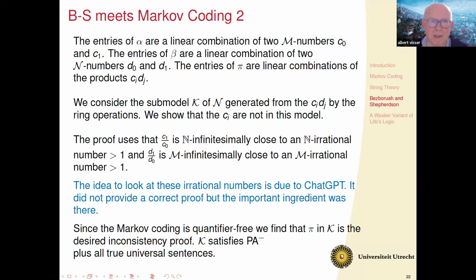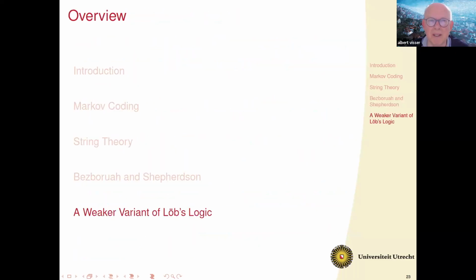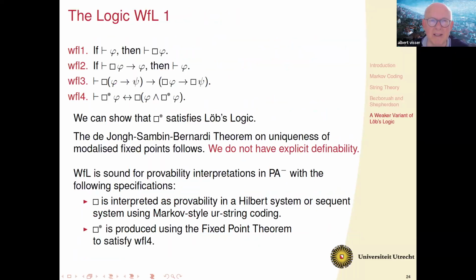I criticize what Kreisel says and ask where this demand comes from. But there's also another line: we don't have the Löb conditions, but we have something quite close, as soon as we have PA minus.